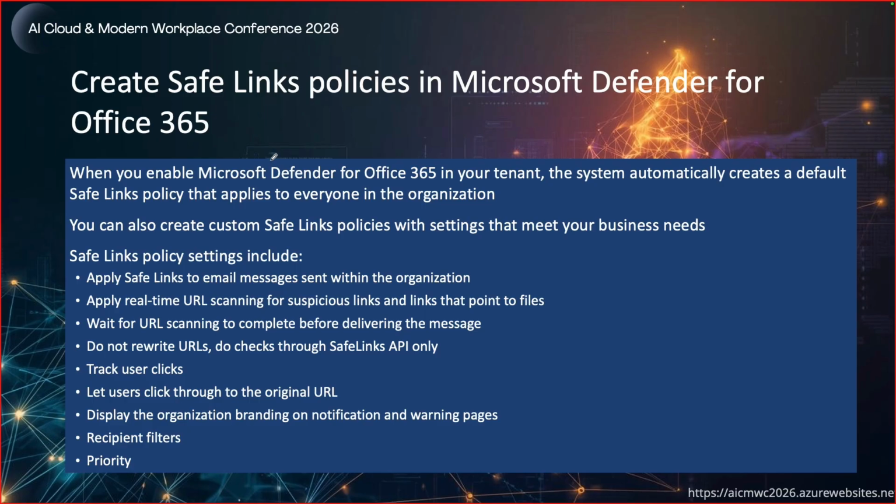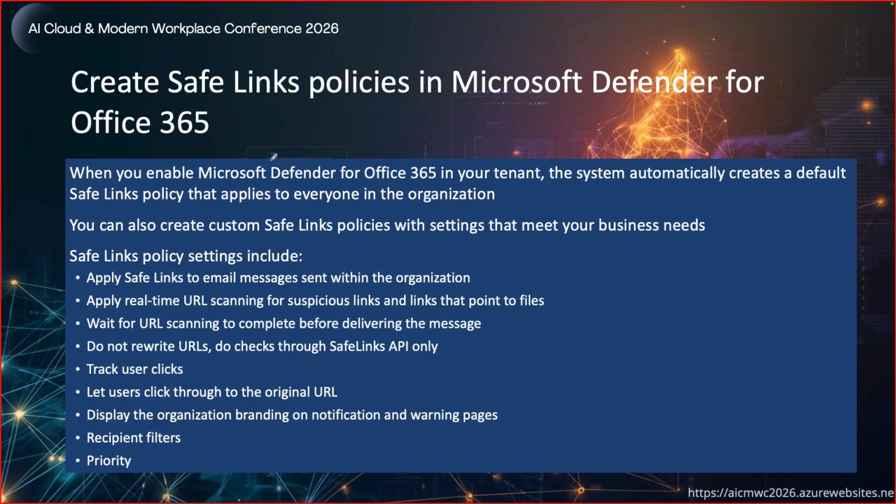Okay, so keep in mind that when you enable Microsoft Defender for Office 365 in your tenant, there is always a default safe links policy there that applies to everyone in the organization. Okay, you can stay with this.